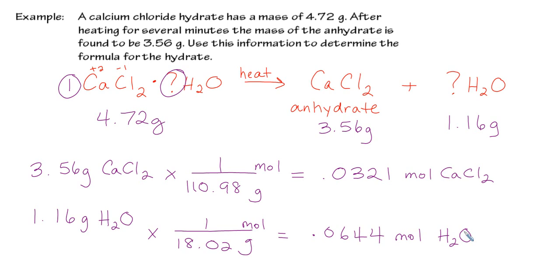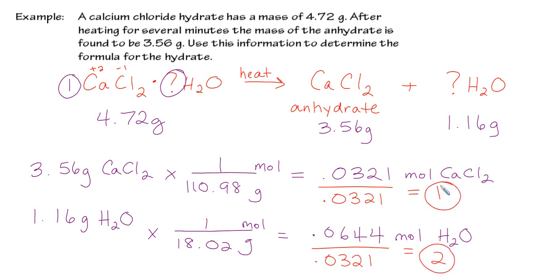These are obviously not whole numbers, but I have a guess. If it's not obvious to you, divide them by the smallest. 0.0321, because I bet that's a 1. And if I divide this by the smallest, I get darn close to 2. There's my ratio, 1 to 2.